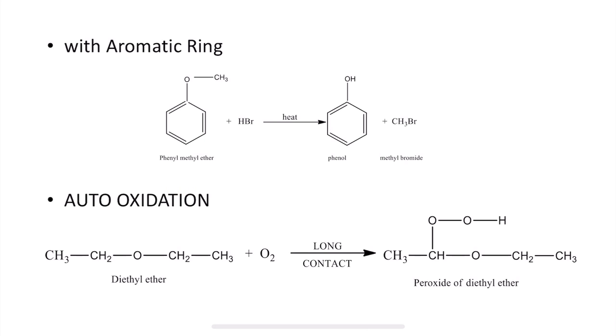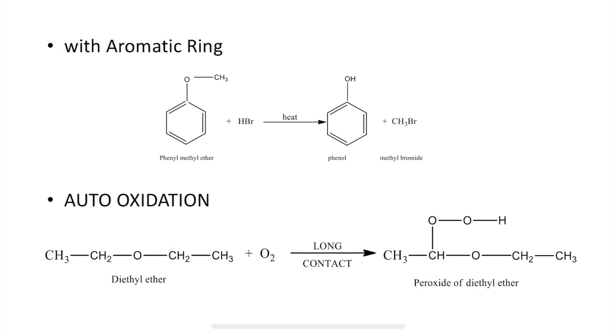When this is treated with hydrogen bromide and heated, the alkyl aryl ether cleaves to form a phenol and methyl bromide. Due to the low reactivity at the bond between oxygen and the aromatic ring, aryl alkyl ether cleaves to form a phenol and an alkyl halide.